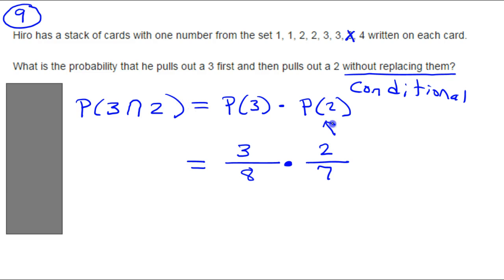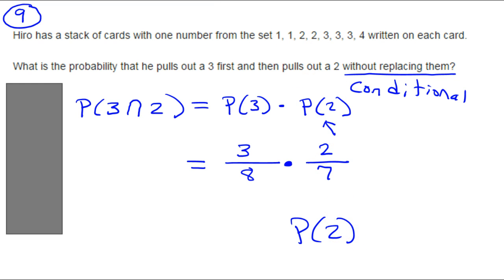Now, technically, I need to change the way that I wrote the original problem, because if I just say probability of pulling a 2 just like that, it means the probability from the original situation. It means 2 out of 8 if I write it this way.